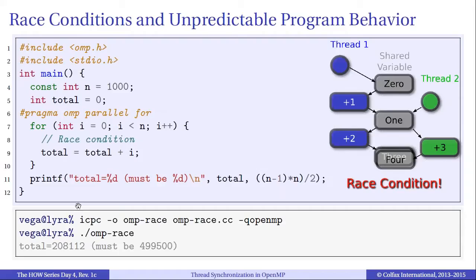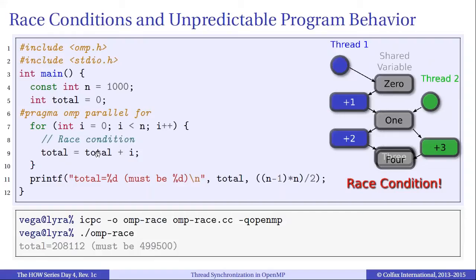This occurs when multiple threads access the same element in shared memory, and one of these accesses is writing. So it's okay to access the same memory address for reading by multiple threads. But if you're accessing the same memory address for writing, problems can occur.